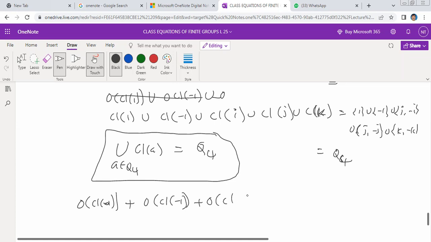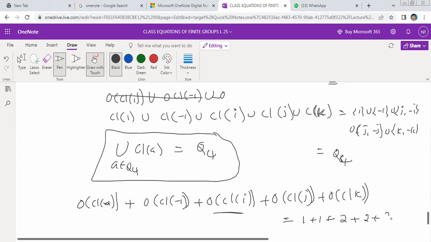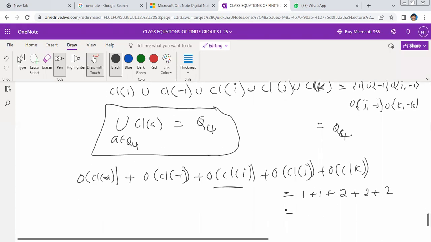Plus order of classification of I, plus order of classification of J, plus order of classification of K. What is the answer? Order of classification of 1 is 1. This is also 1. Order of classification of I is 2, so this is 2 plus 2 plus 2, because classification of I and minus I has cardinality 2. Total value is 8.